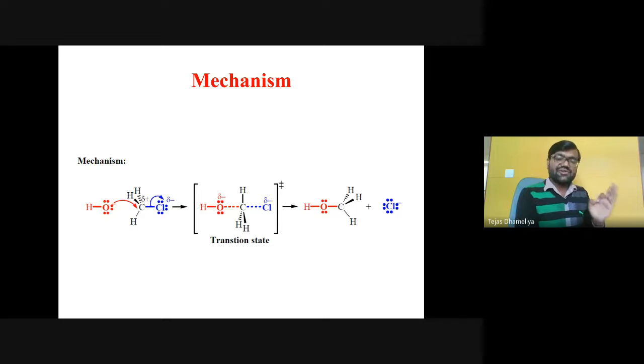Because of electronegativity, carbon will get partial positive charge, and this halide Cl will get partial negative charge. And why is it called partial? Although the bond is a covalent bond, it behaves as an ionic bond. That's why it is a partially polarized bond.